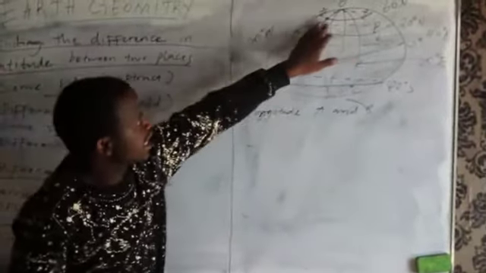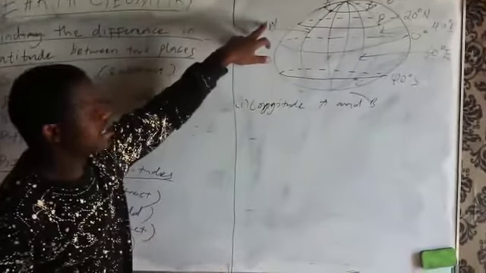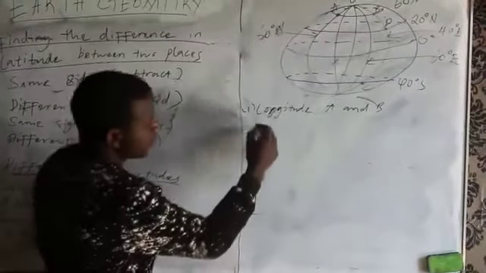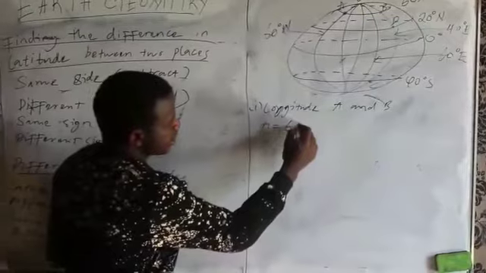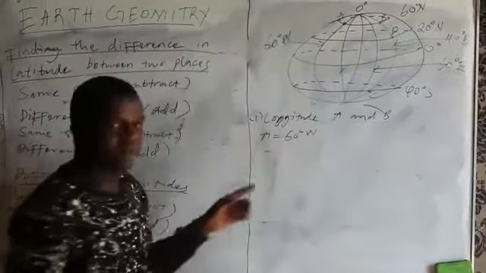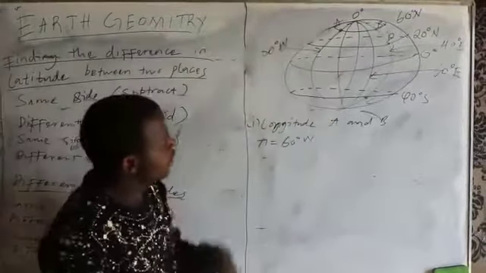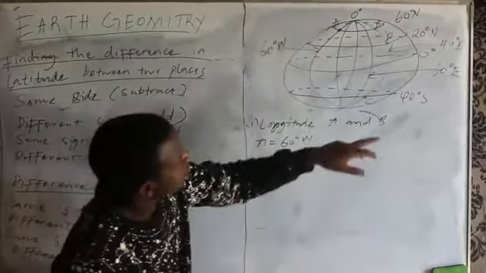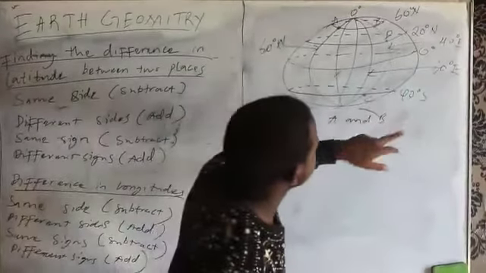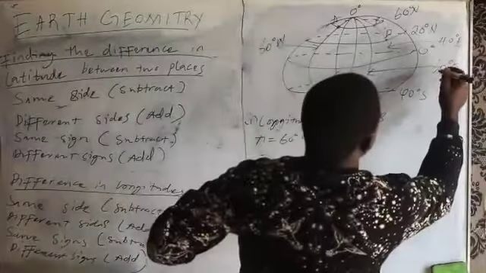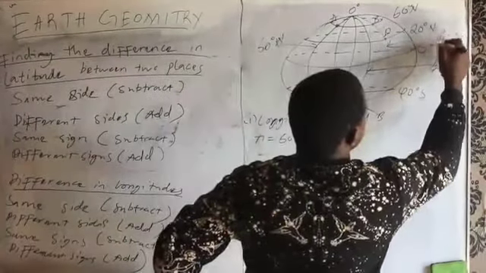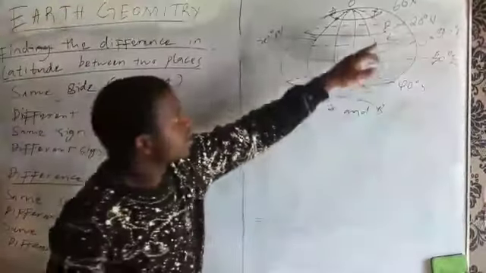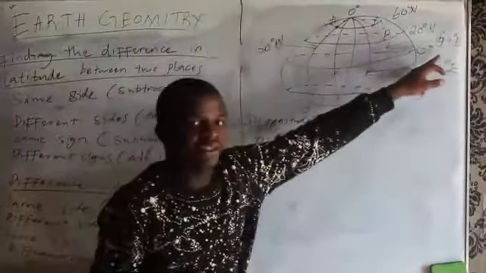So as you can see, A is on longitude 60 degrees west. So I'm going to write A is 60 degrees west. What about B? This is 40. This is 60. So B is on longitude 60 degrees east.